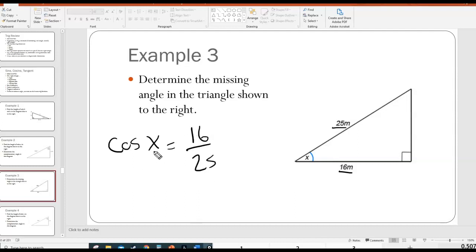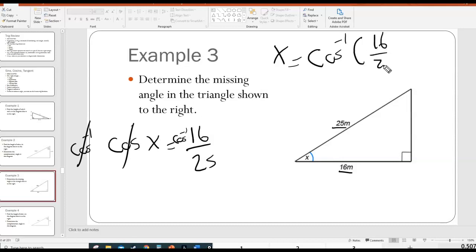Now, x is inside the cosine, so I need to get it out by doing the inverse cosine function. So what I'm going to do is the inverse cosine, but if I do it to one side, I need to do it to the other side as well. Inverse cosine of cosine cancels out. On the left, I'm left with x. On the right, I have the inverse cosine of 16 divided by 25.